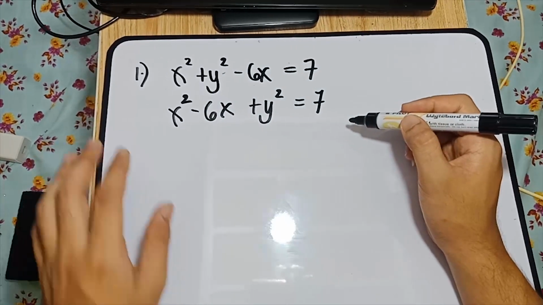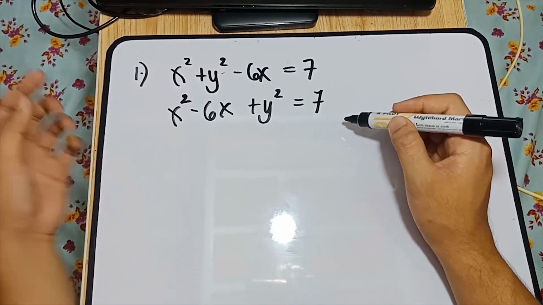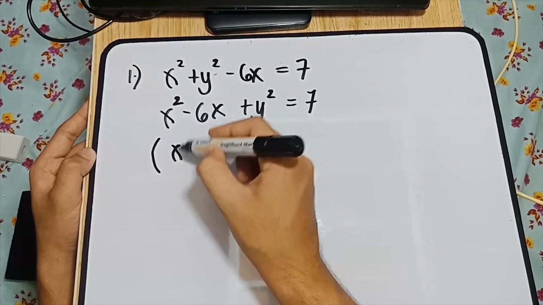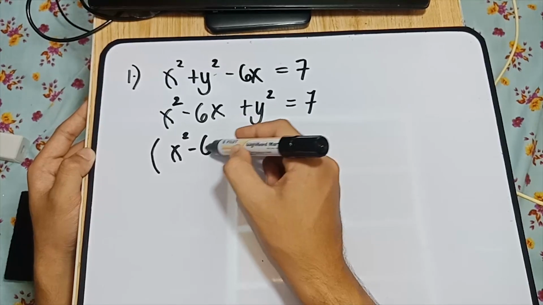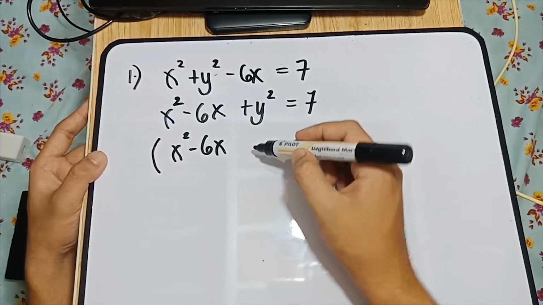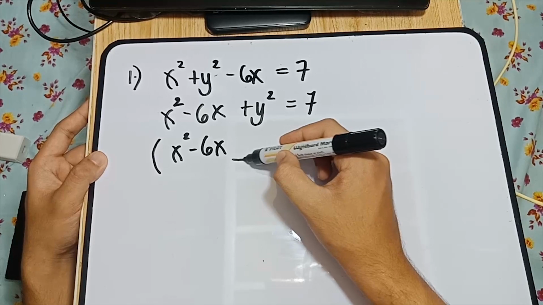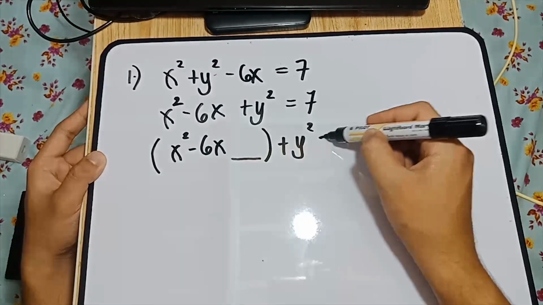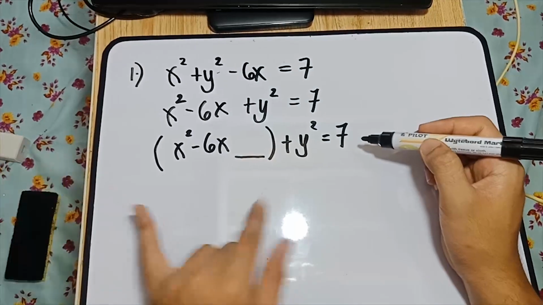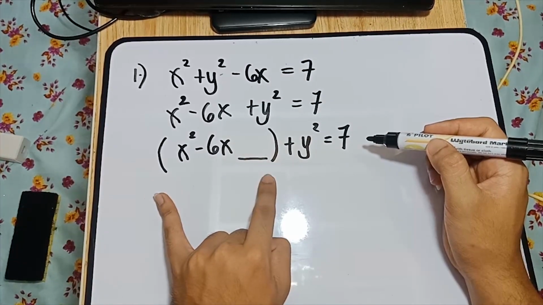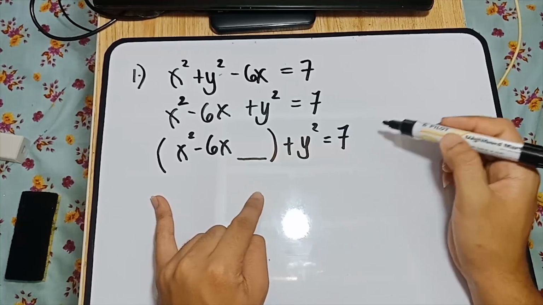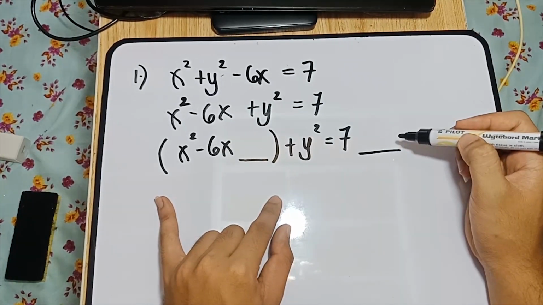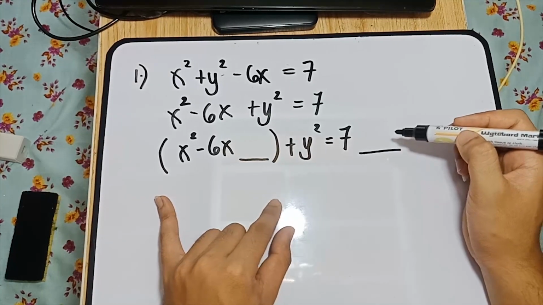So again, using the completing the square, ihiwalay natin ito, x squared minus 6x. May complete natin dyan para maging perfect. Kapag tayo ay nagdagdag o nagbawas dito sa kaliwa, magdadagdag at magbabawas din tayo dito sa kanan. Kailangan patas lang.